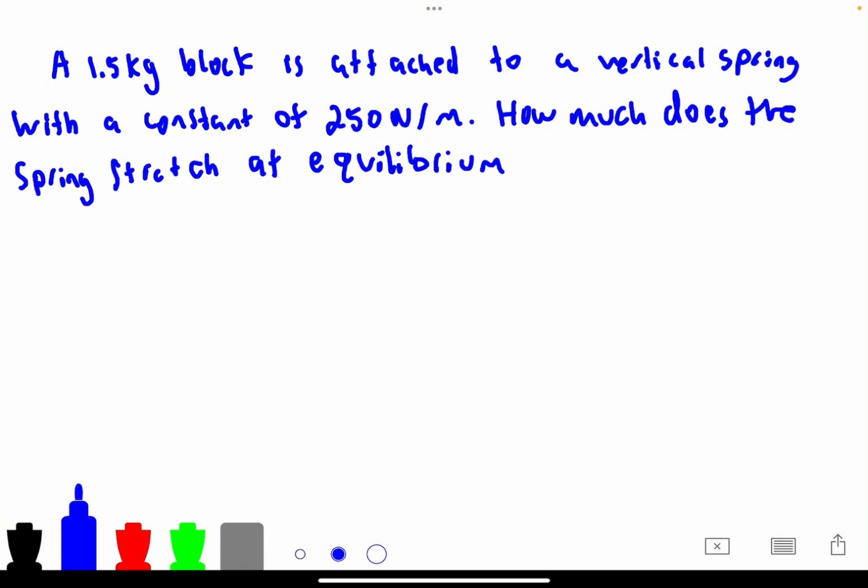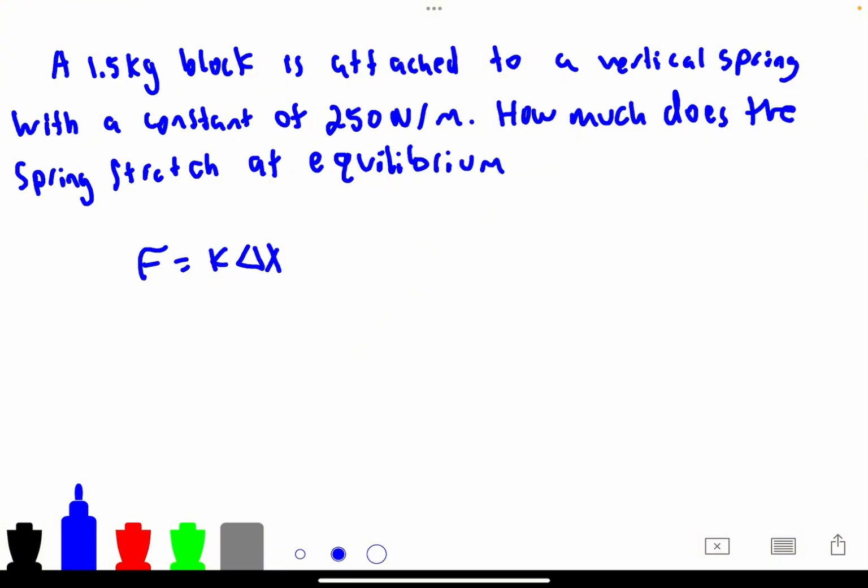A 1.5 kilogram block is attached to a vertical spring with a constant of 250 newtons per meter. How much does the spring stretch at equilibrium? So this is a bit different. We're going to have to use the spring force equation. Force is equal to the spring constant times the displacement.